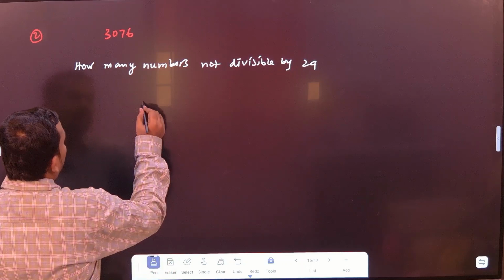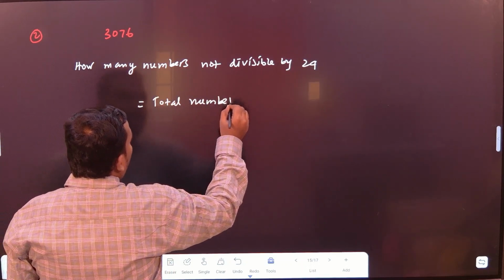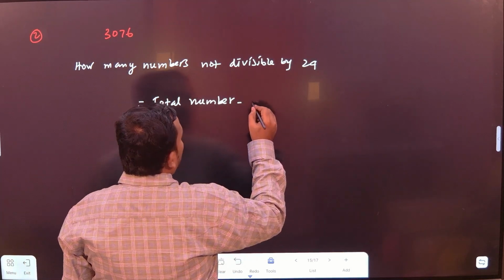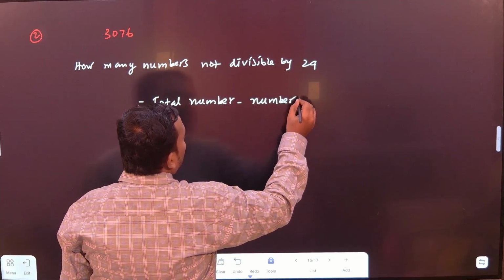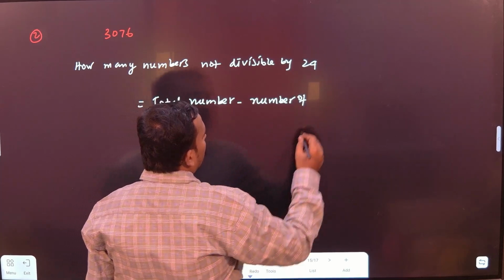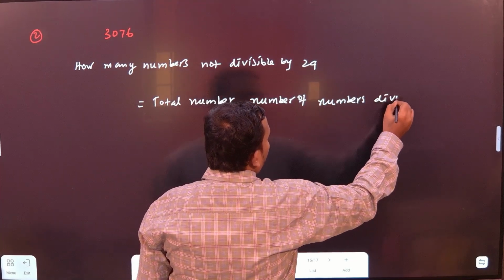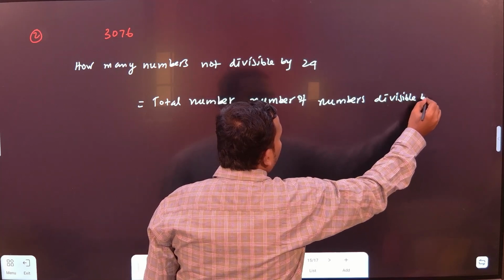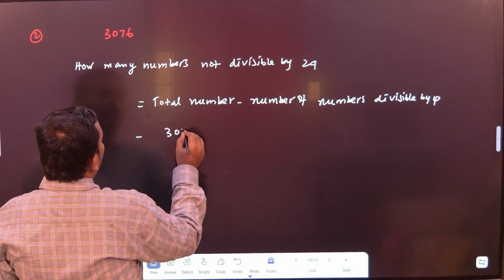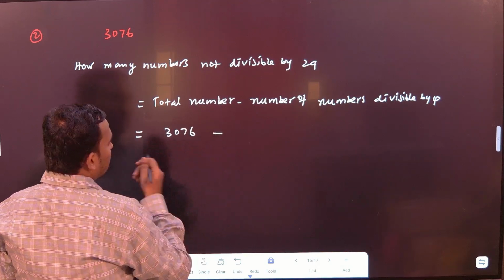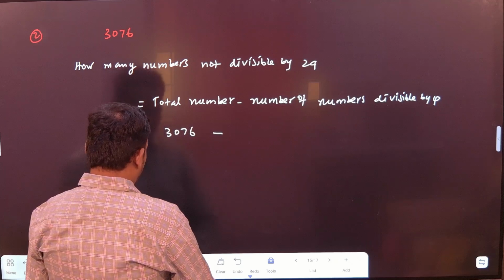That means total numbers minus the number of numbers divisible by 24. The total number of numbers is what? 3076 minus the number of numbers divisible by 24.